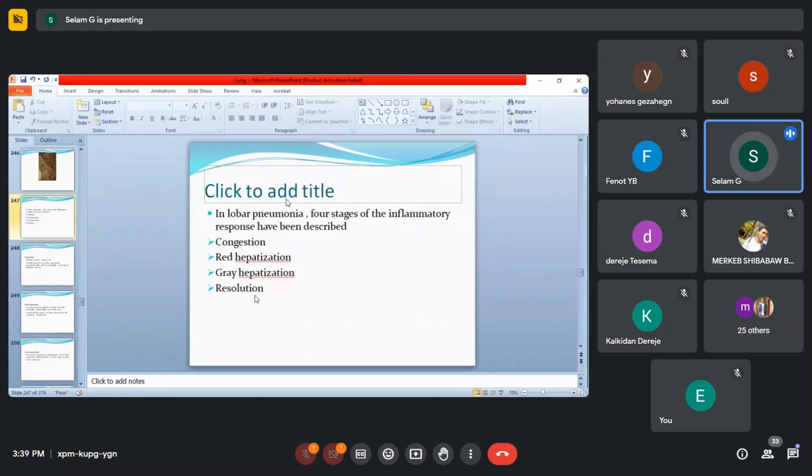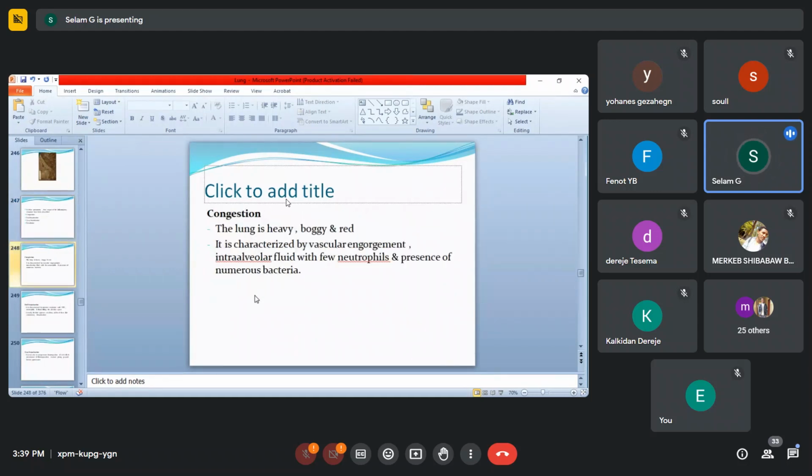In lobar pneumonia, four stages of the inflammatory response have been described. First, there is congestion, followed by red hepatization, then gray hepatization, then resolution. When you say congestion, the lung is heavy, bulky, and red because of acute inflammatory infiltrates and acute inflammation taking place in the lung.